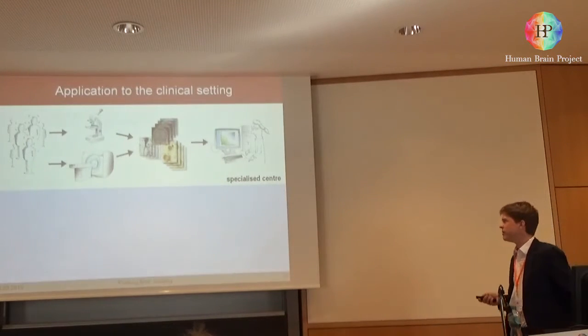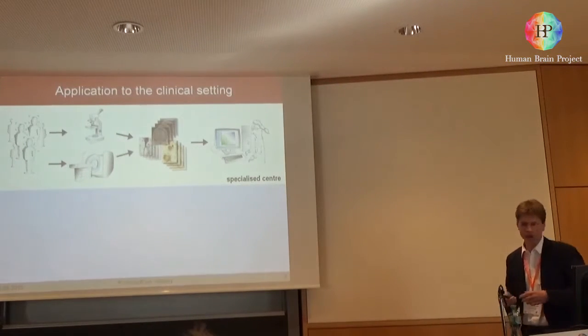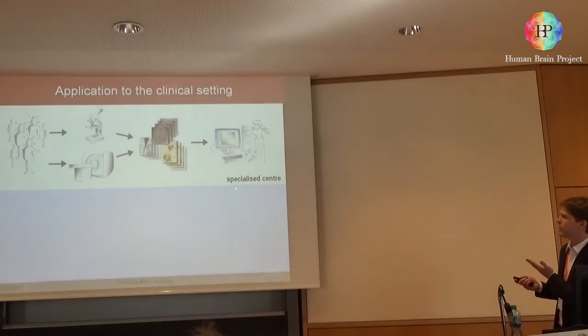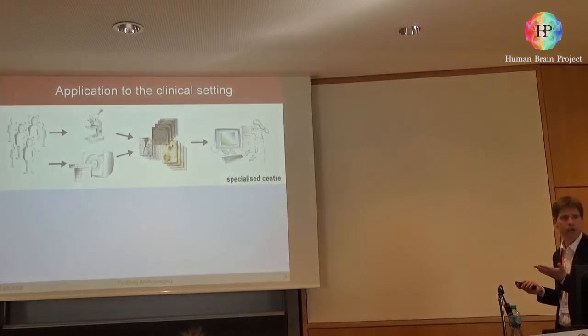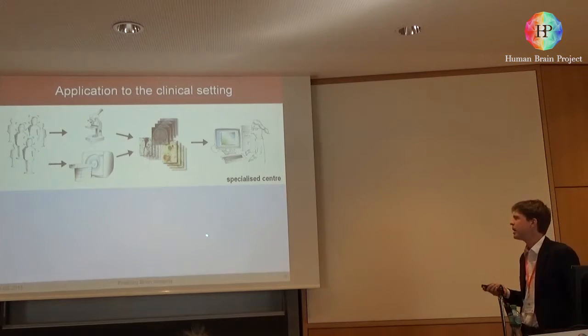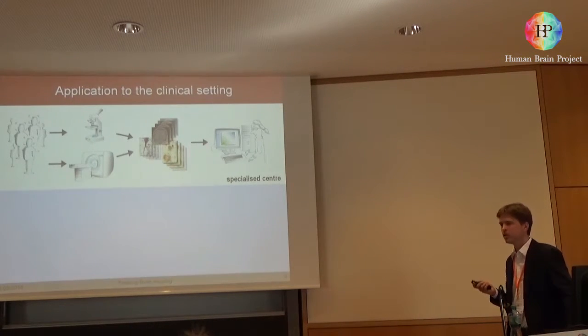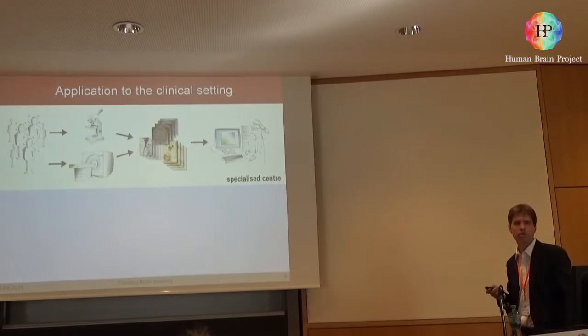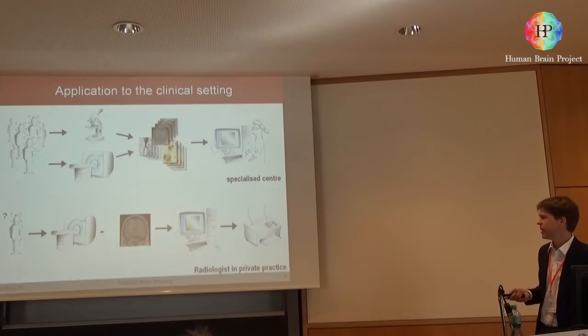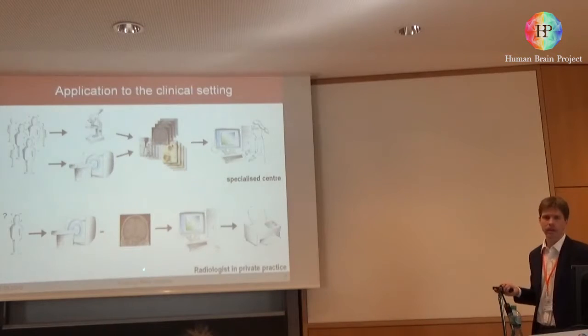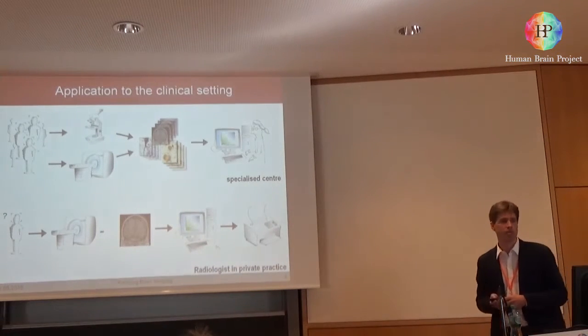Well, this is the vision we developed back then, and I would like to talk you through it. So the idea would be that there are specialized centers potentially located at university memory clinics that have the possibility to provide very certain diagnosis based on the biomarkers Giovanni just presented, and they could use this information to train classifiers, for example, based on MRI scans, and export these trained classifiers to the GP setting, where the great majority of cases are being diagnosed.